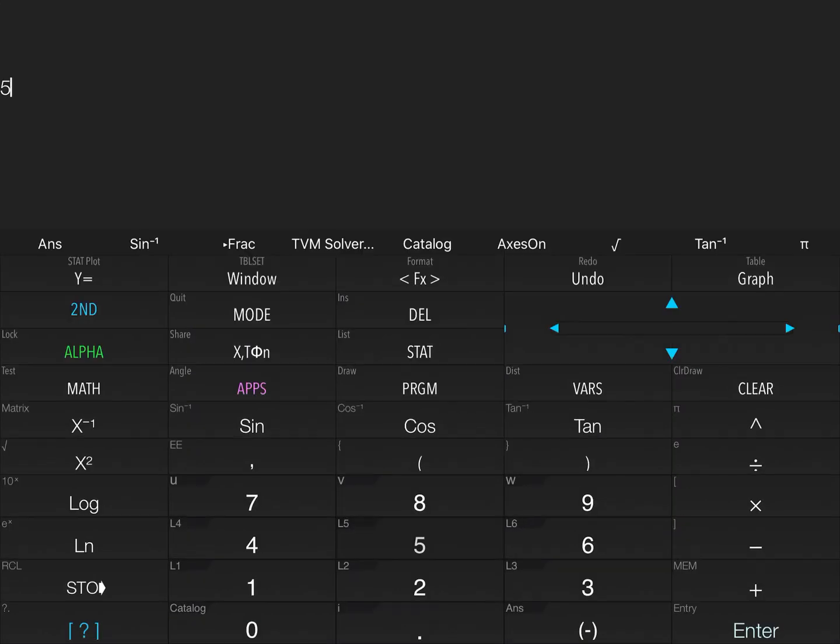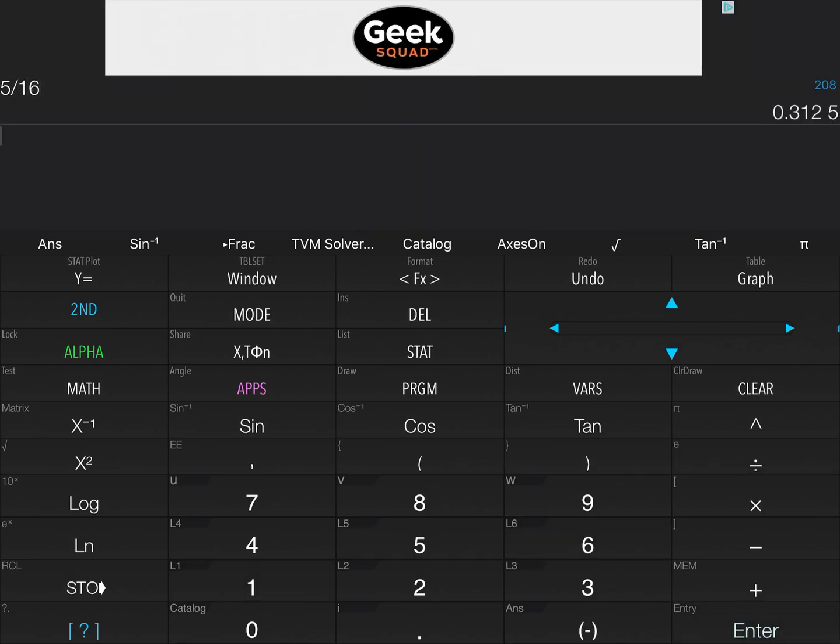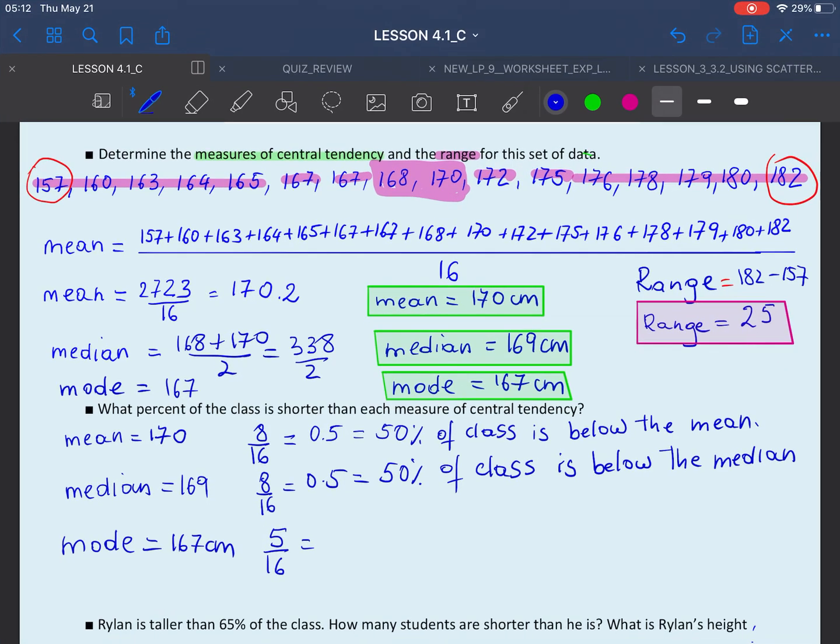And we'll do some very simple calculations here. And 5 out of 16 would equal 0.3125, which makes up for 31.25% of class is below the mode.